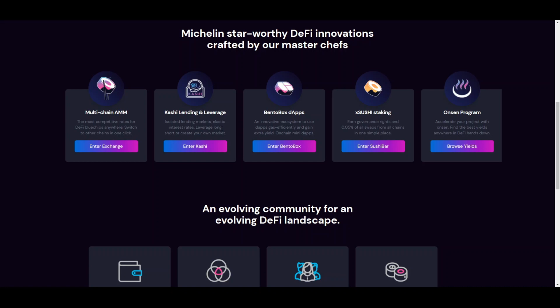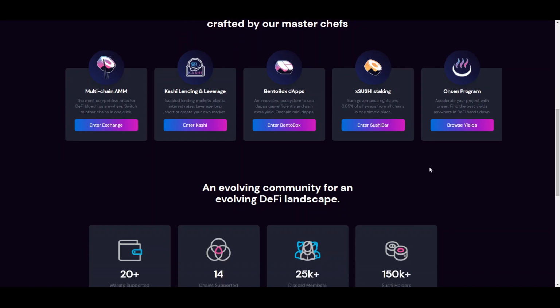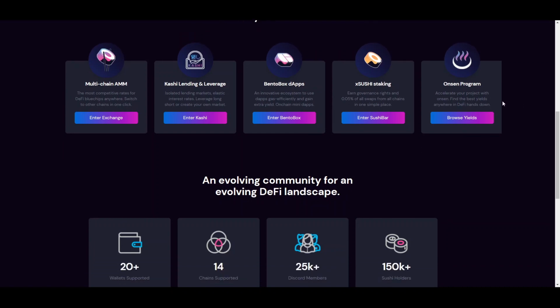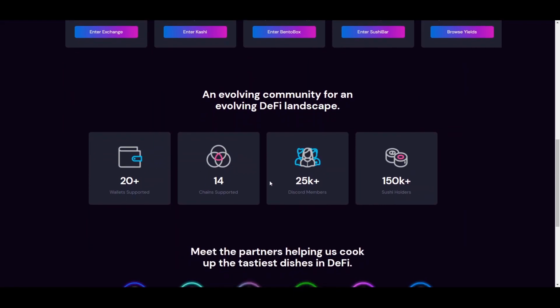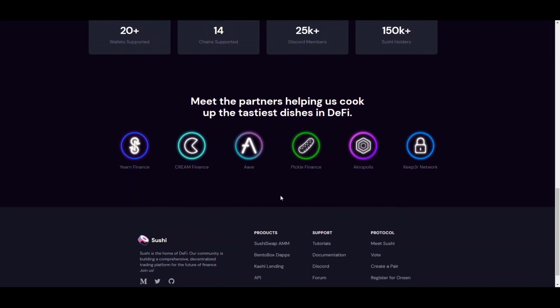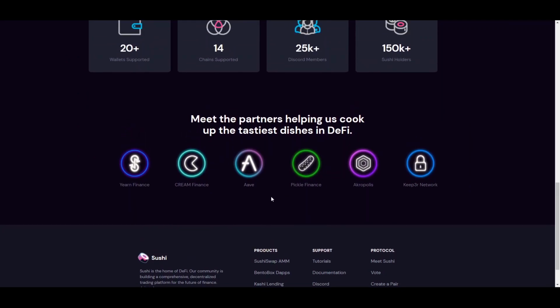You can trade futures pretty much. That's pretty much what this Kashi app is. BentoBox, the apps, Sushi staking, of course, and this Onsen program, which means you can basically accelerate your DeFi project building with Onsen. So a lot of wallets, a lot of exchange, blah, blah, blah. Not going to go too into depth about this.